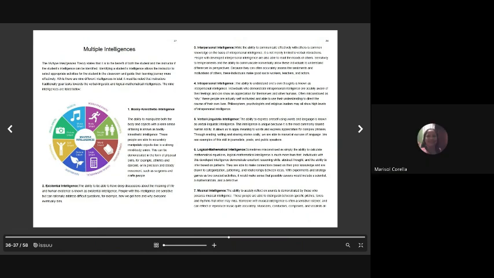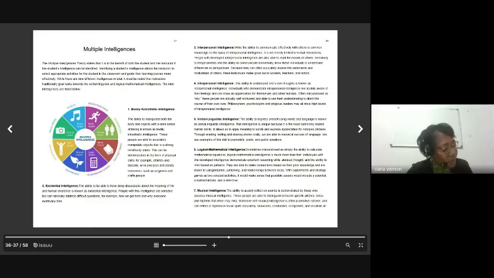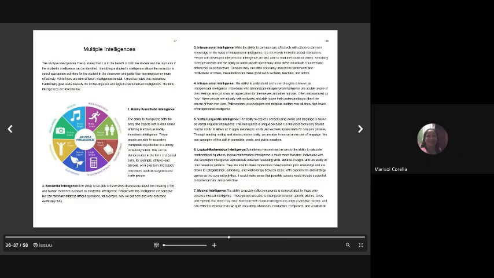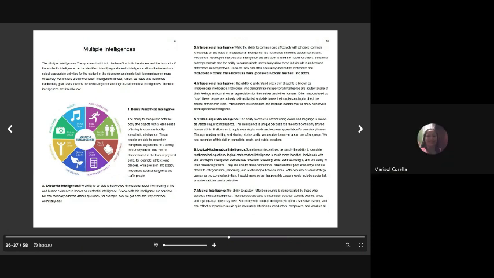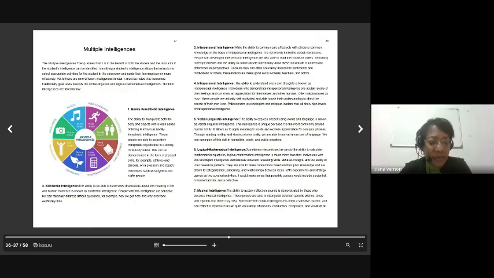Verbal linguistic intelligence, already they took it. It can be logical, mathematical. Logical, mathematical. Yes. Okay, logical, mathematical intelligence. That is for your journal, okay?